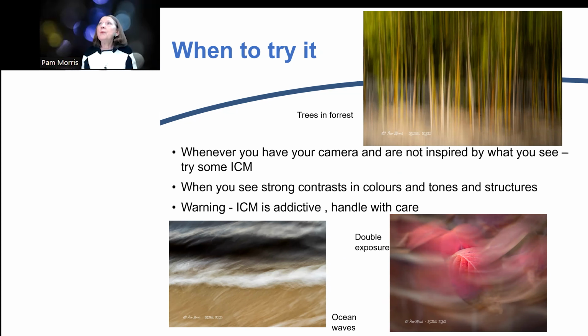The one up the top was just a forest. It had some burnt trees in it, and the burnt trees gave me the darkness, and some of the newer trees and the newer growth was the lighter growth, and I swished up and downwards.